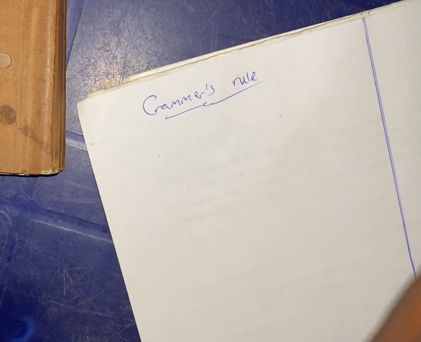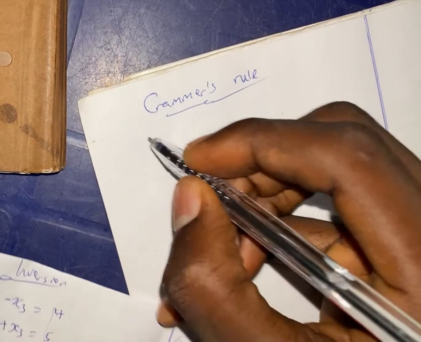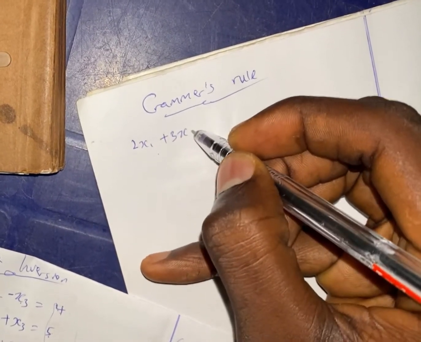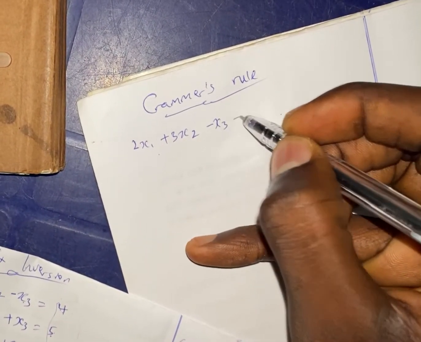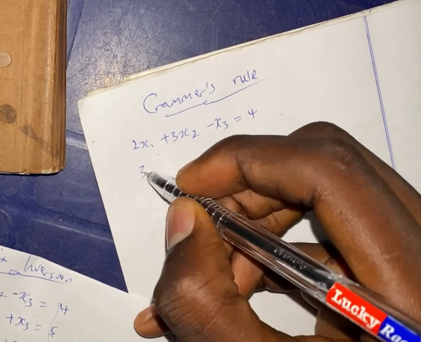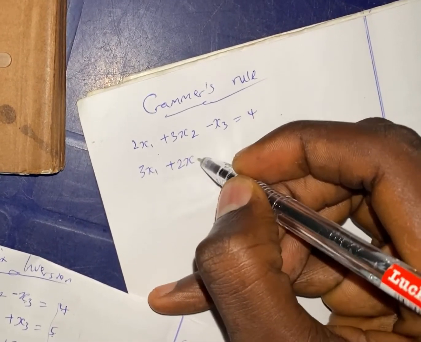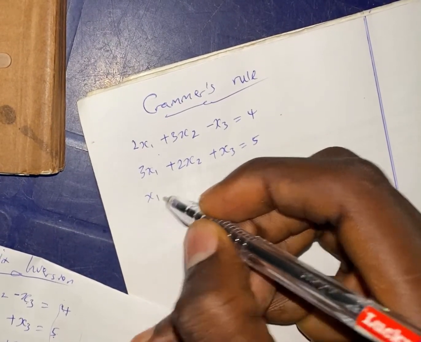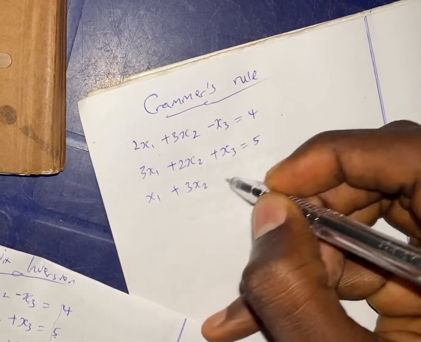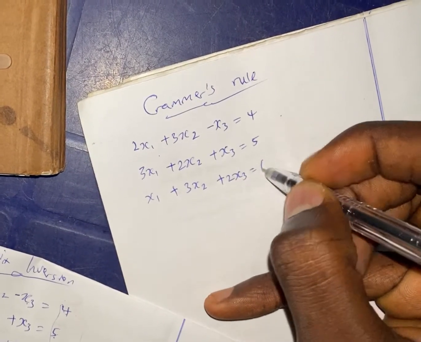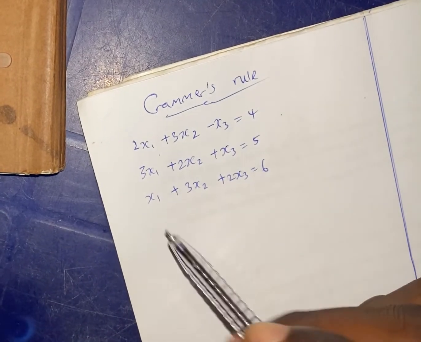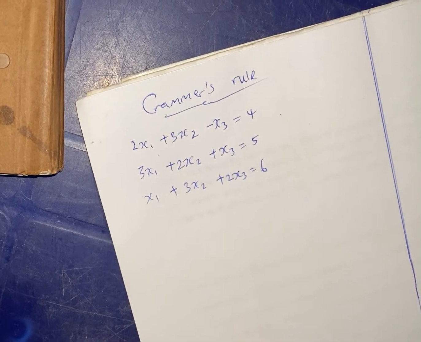We'll be taking the same example we solved using matrix inversion: 2x1 plus 3x2 minus x3 equals 4. 3x1 plus 2x2 plus x3 equals 5. x1 plus 3x2 plus 2x3 equals 6. So this is the question. So what is Cramer's rule?